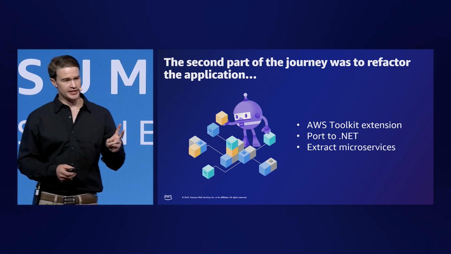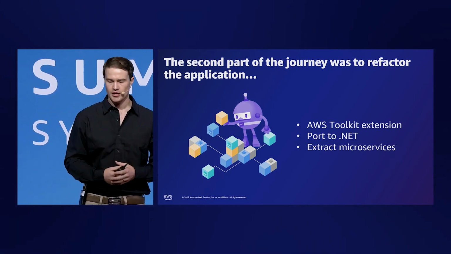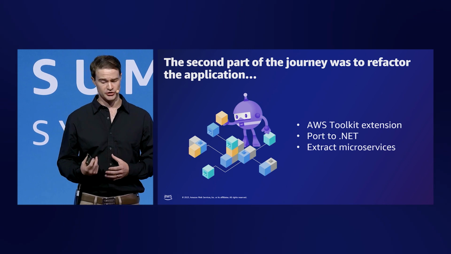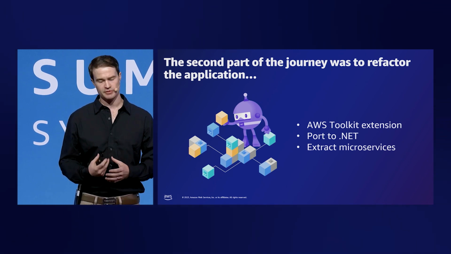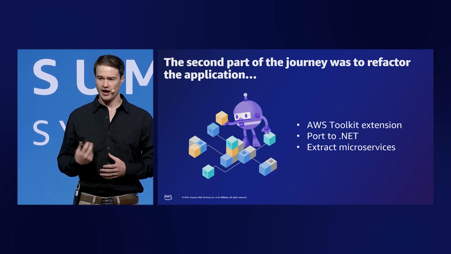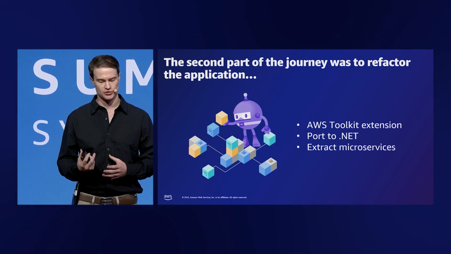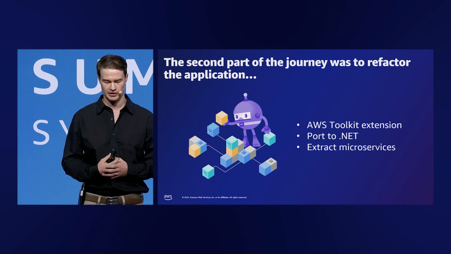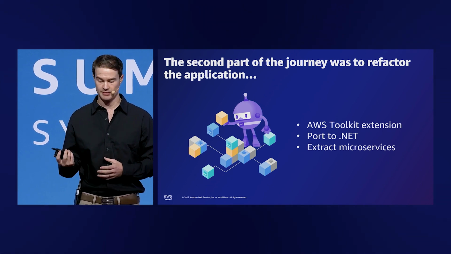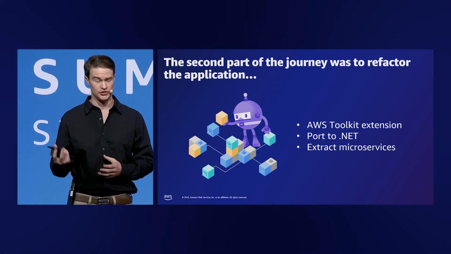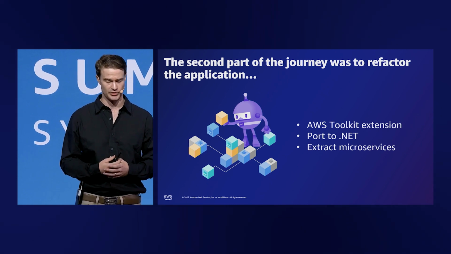The second part of the journey was to refactor the application. Mod was familiar with Visual Studio, but wasn't sure how to get started with modernizing on AWS. I demonstrated the AWS Toolkit, which showed how easy it was to use AWS tools and services right from your preferred development environment. In that same demo, I deployed a new .NET application directly to AWS Lambda.